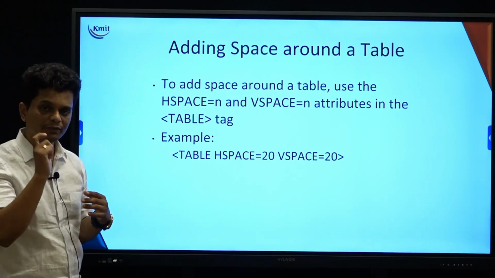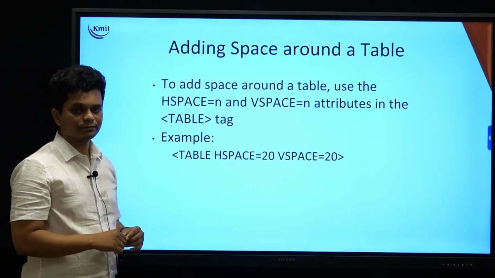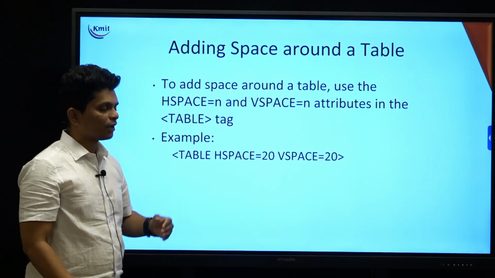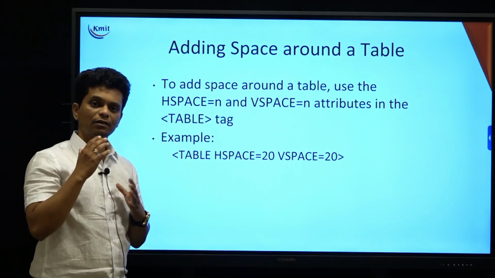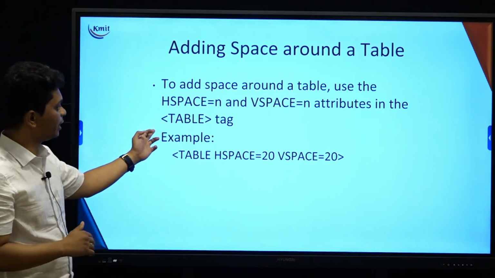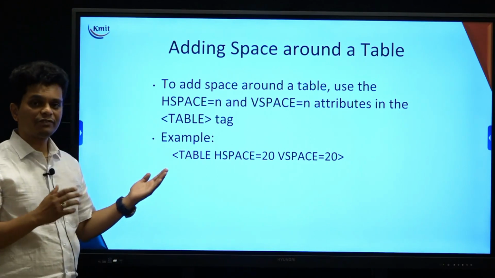If you want to specifically add that, we may use H space and V space. V space adds space above and below the table, whereas H space adds space on the left and the right.